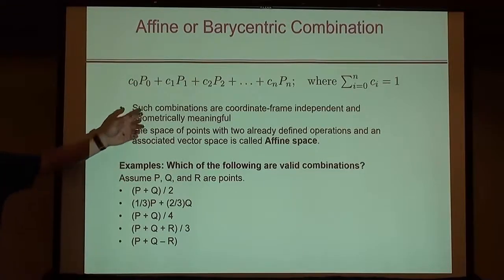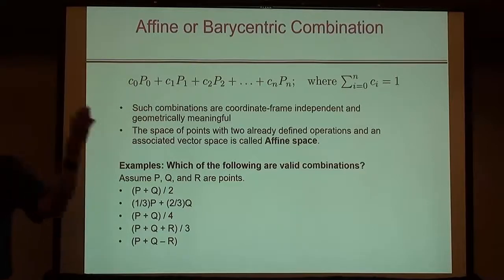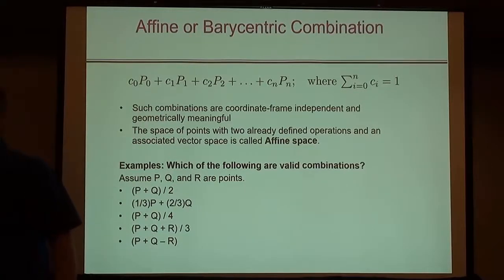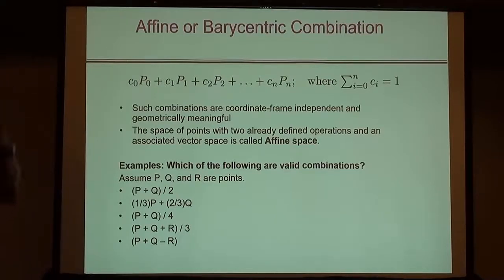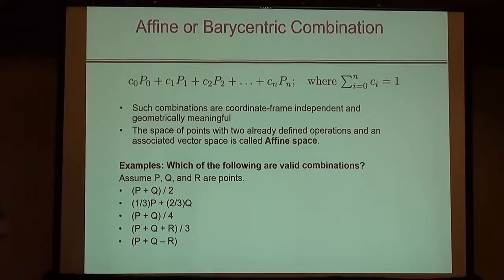Okay. If any one of them is negative, you will get a point that's outside of the triangle. Okay. And you can even determine where outside of the triangle that point is, depending on the size of the C's. Okay.